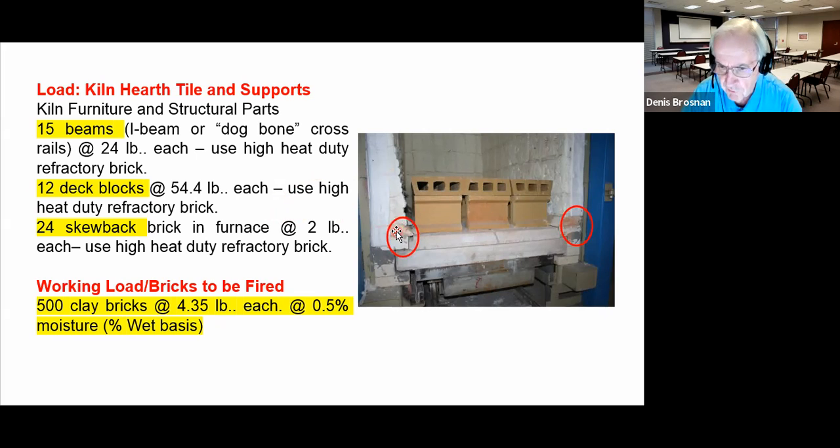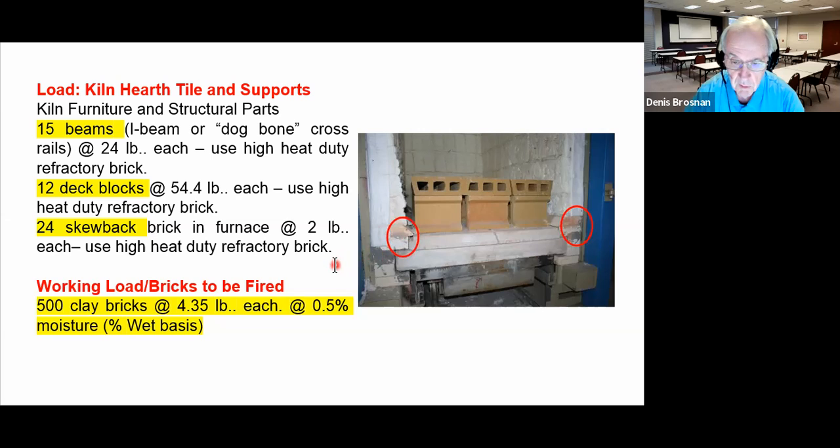What the skewback is doing is providing a solid wearing surface, a durable surface where the kiln car can be pushed into the kiln without damaging the refractory fiber. So these skewback bricks are right here, and they go around the kiln wherever the kiln car would potentially contact the kiln.